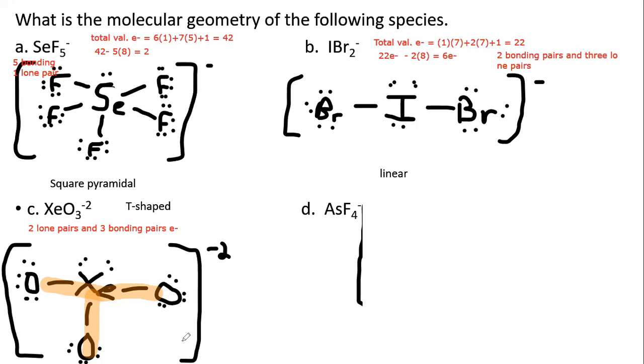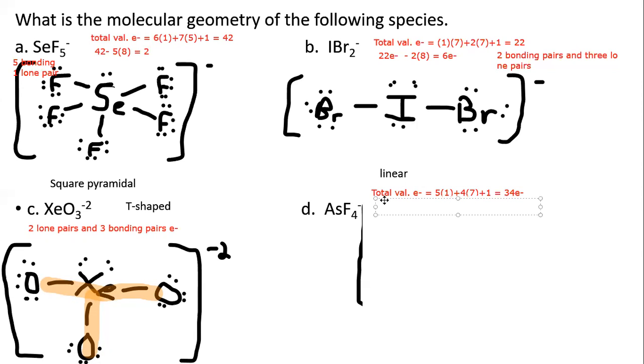And then lastly, we have arsenic tetrafluoride ion. Again, here we have a halogen as a terminal atom. So we can look at the total valence electrons. So there's a total of 34 valence electrons.